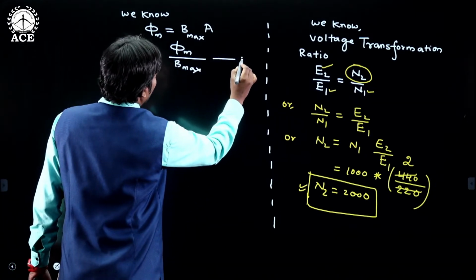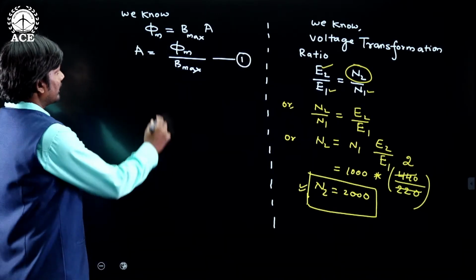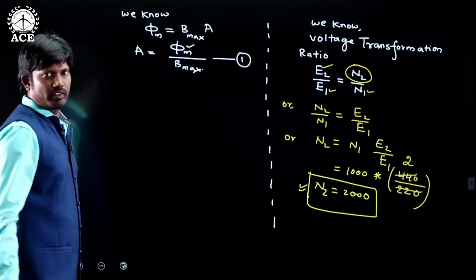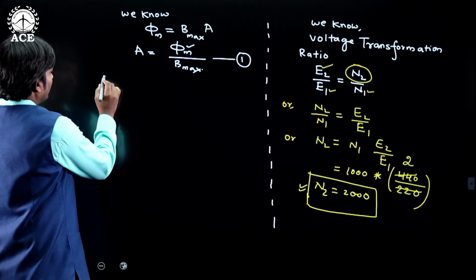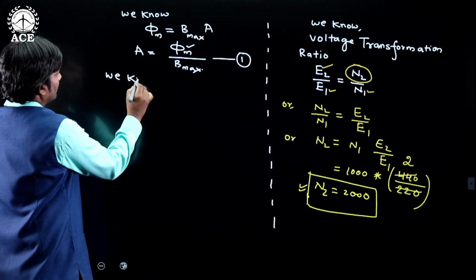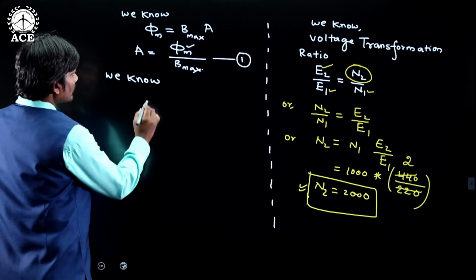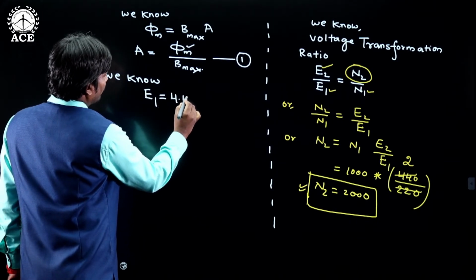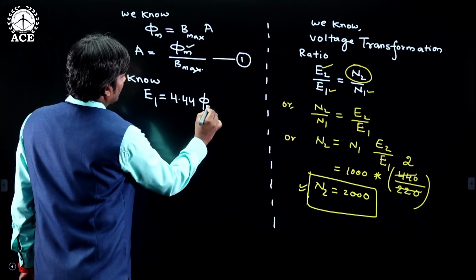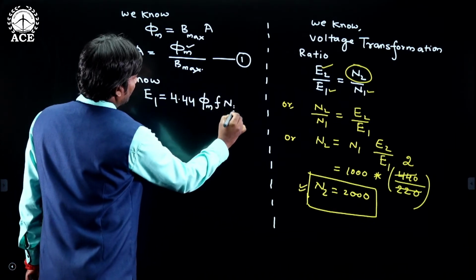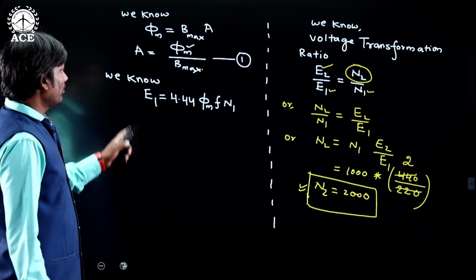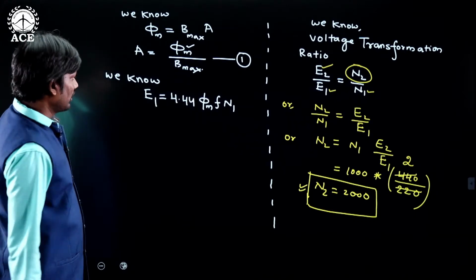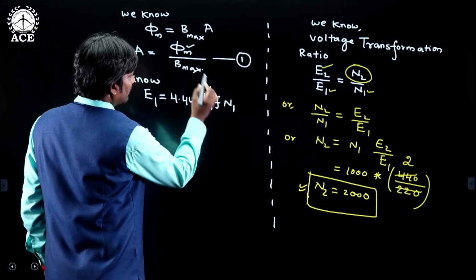Suppose this is our equation number 1. Now calculate this phi m. We know E1 is equal to 4.44 phi m f N1. We know the primary induced EMF of a transformer is E1 equal to 4.44 phi m f N1. So our aim is to first calculate this one.